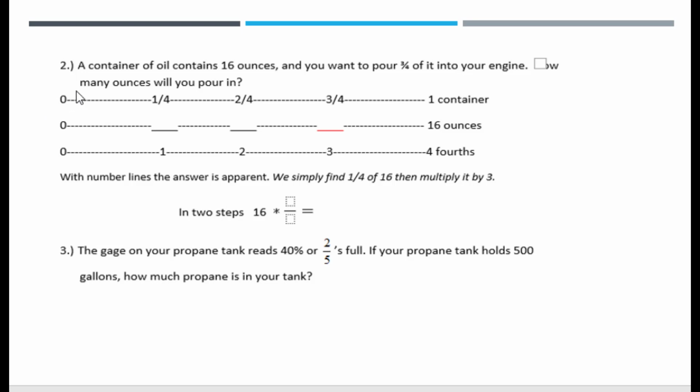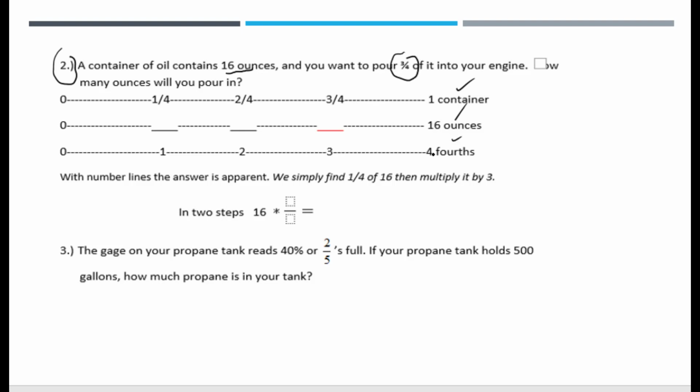So I will post a video of all the answers, but just to get you going a little bit, we did this problem almost identical to this. An oil container holds 16 ounces, so that's one container, 16 ounces, and you wish to pour 3/4 into your engine.